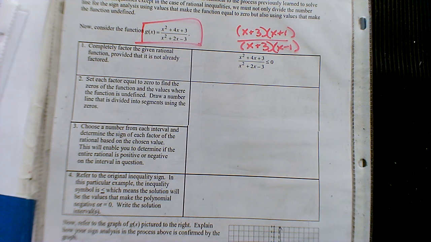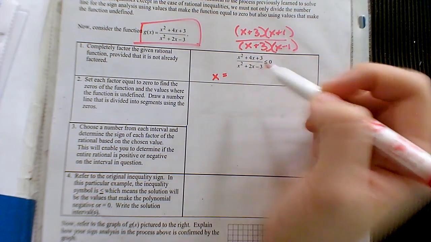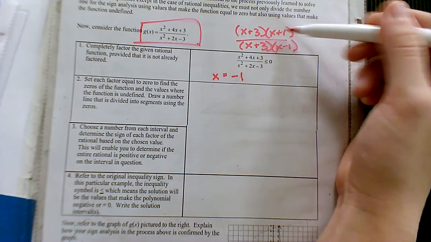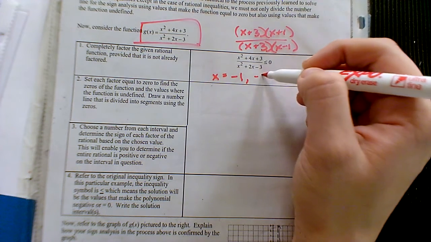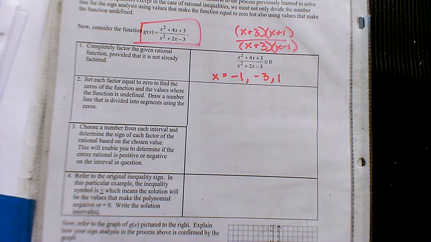What we're going to do is take those special numbers: what makes the top 0 but not the bottom, and then what makes the bottom 0. Where's the function equal to 0, where is it undefined? We said on the previous page that was -1 from the top, and then -3 and +1 from the bottom.